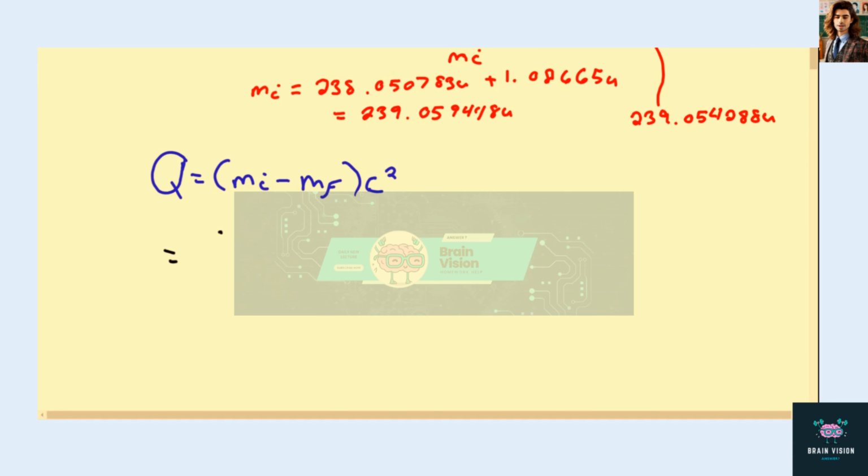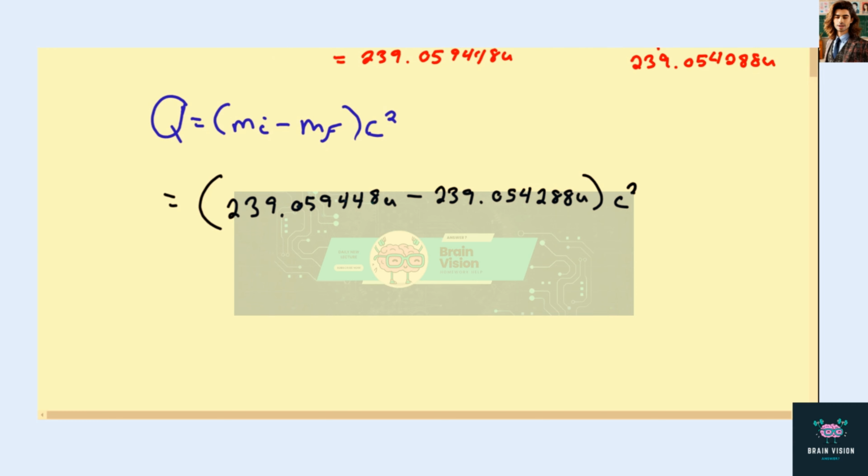Okay, so here we're just going to plug in the information I just wrote down. 239.0594448 U minus 239.0542888 U. Yeah, the speed of light.